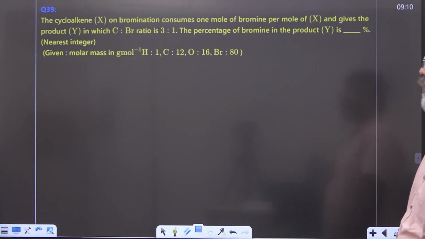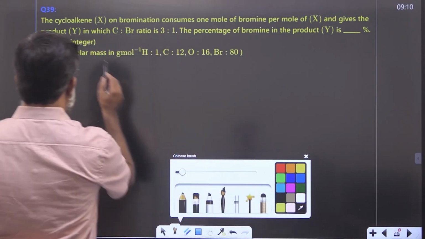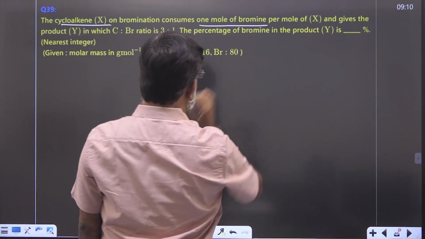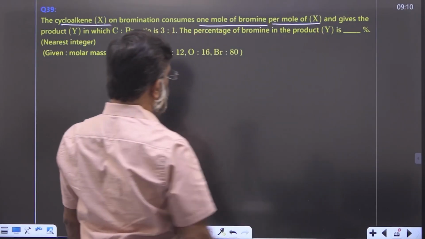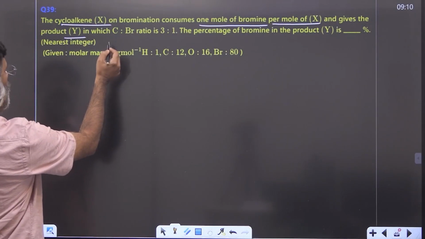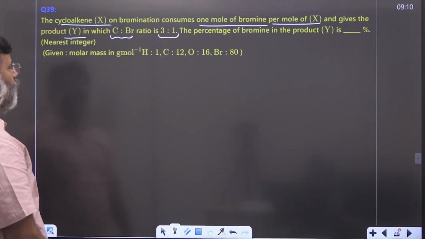We have a cycloalkene X. On bromination, it consumes 1 mole of bromine per mole of X and gives the product Y, in which the carbon to bromine content is in a 3:1 ratio.